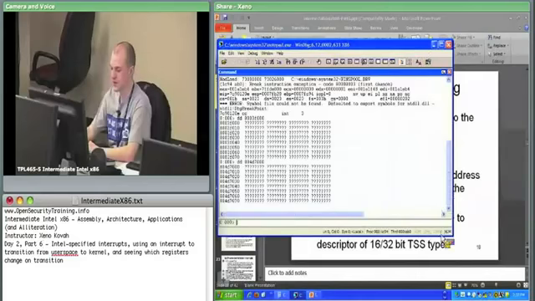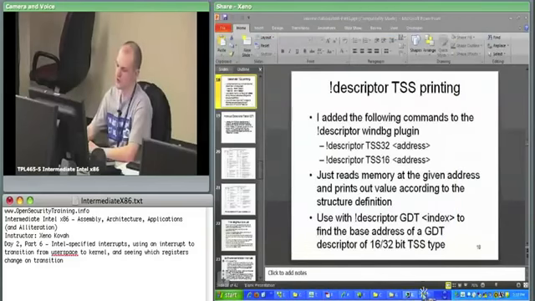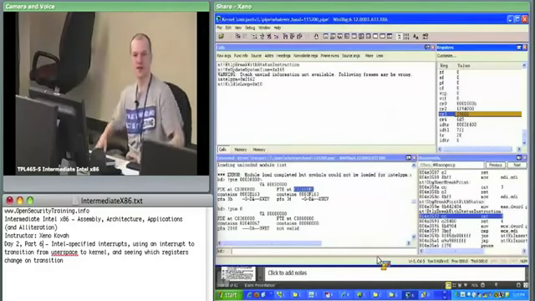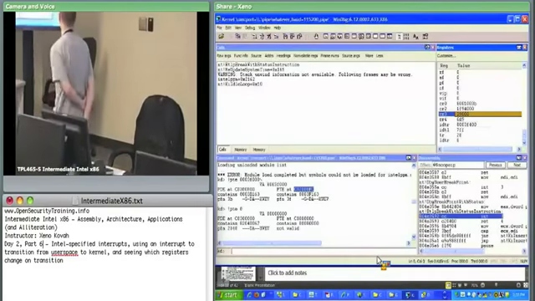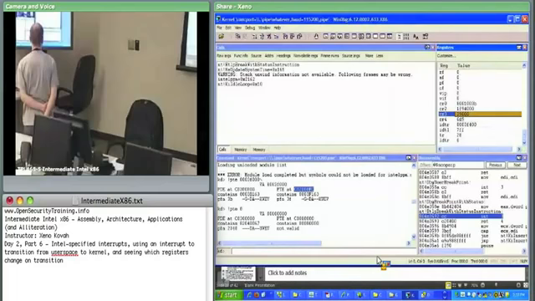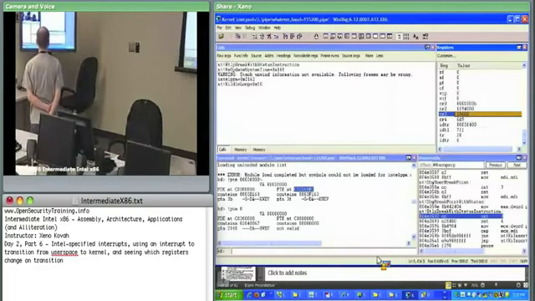Does everyone have their WinDbg from before still up? I think we're not going to care that we're in non-PAE mode. It really shouldn't matter. Everyone's got that up? People on the phone, please shout out if you've got the debugger already up.